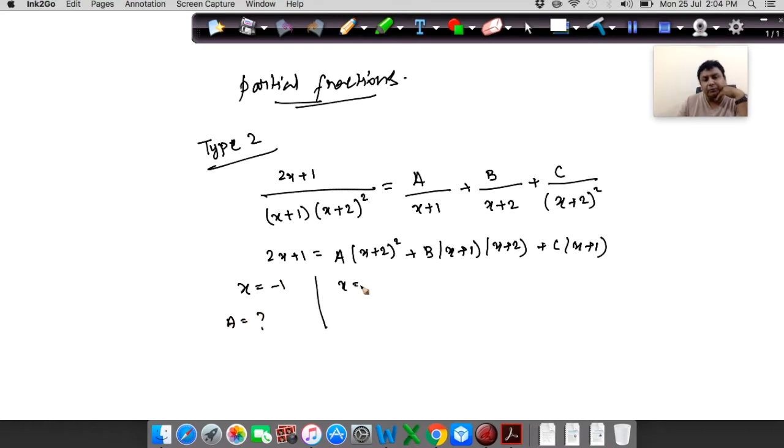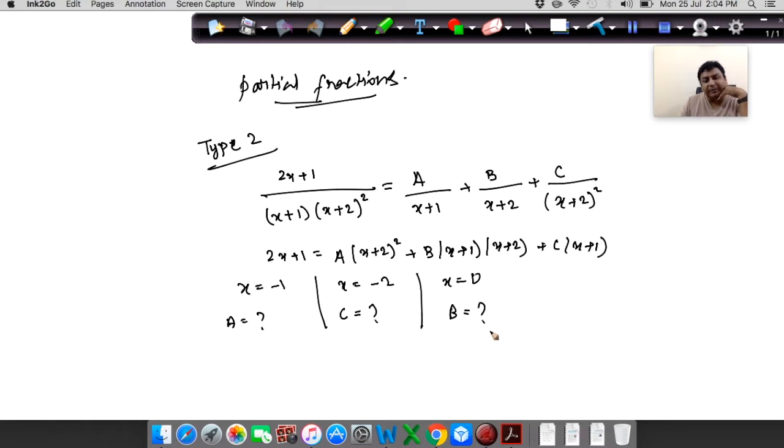Put x equals to minus 2 and get c. And put x equals to whatever, like 0, because now you can't vanish any two other quantities to get b. Let's take 0, and then you know a and c already. You'll substitute a and c, you'll get b.